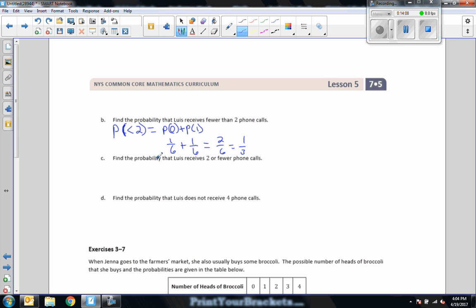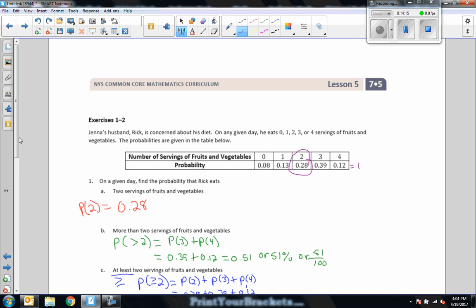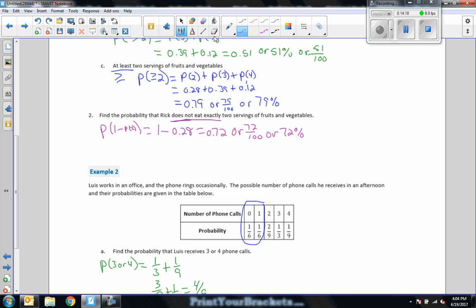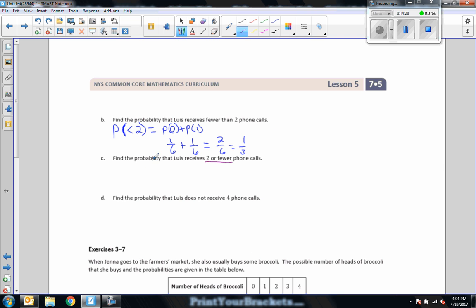C. Find the probability that Luis receives 2 or fewer phone calls. 2 or fewer. 2, 1, or 0. So 2, 1, or 0 would include these 3. So 1/6, 1/6, 2/9. So the probability of being less than or equal to 2 equals the probability of 0 plus the probability of 1 plus the probability of 2.